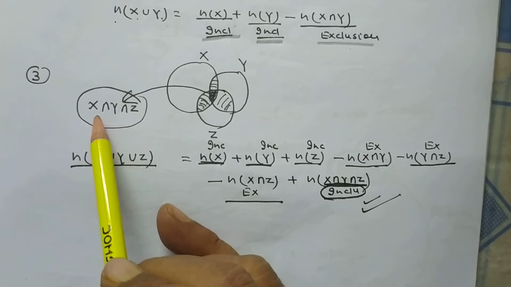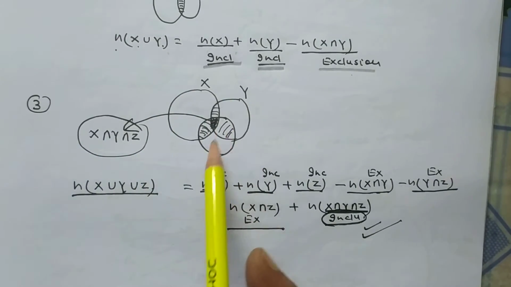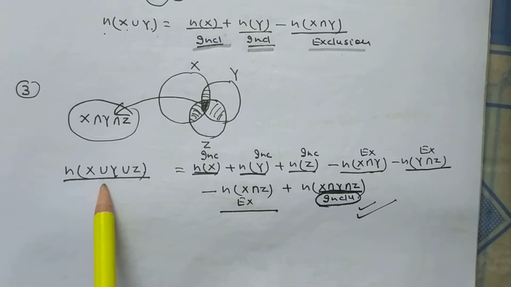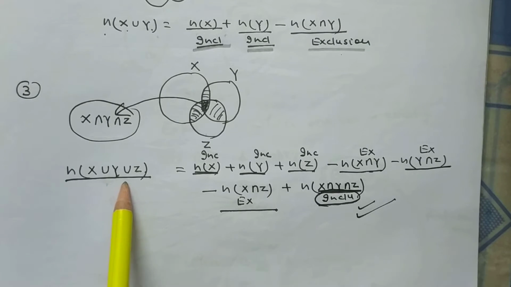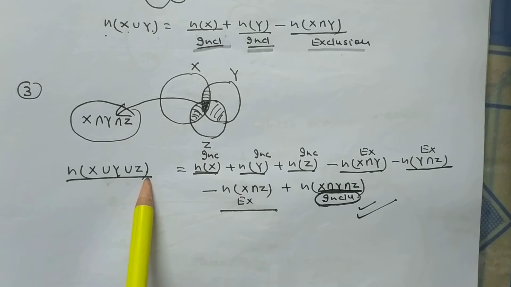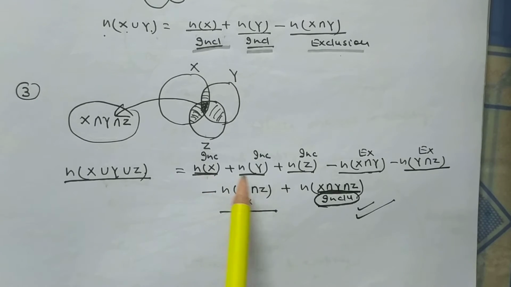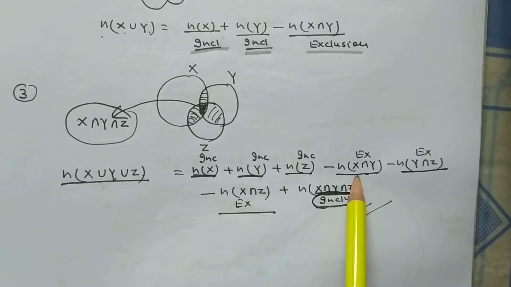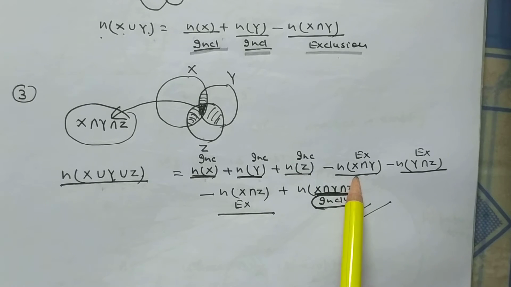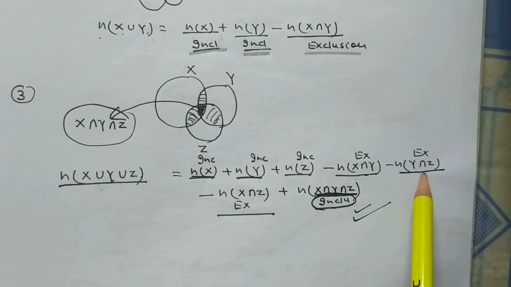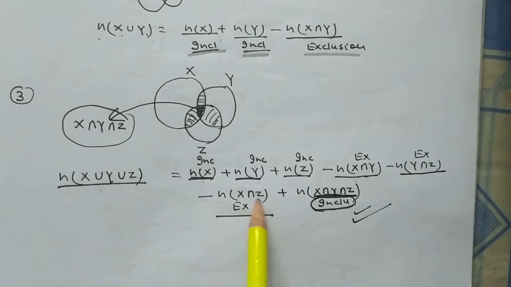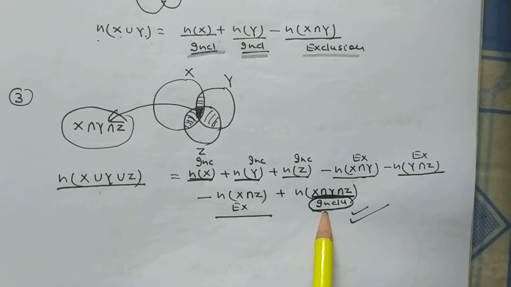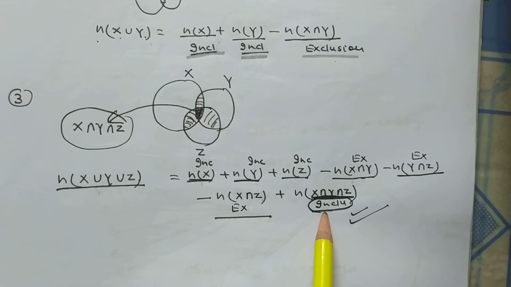Now, for 3 sets x, y, z, we have the cardinal number of x union y union z is equal to cardinal number of x plus cardinal number of y plus cardinal number of z minus cardinal number of x intersection y minus cardinal number of y intersection z minus cardinal number of x intersection z plus cardinal number of x intersection y intersection z.